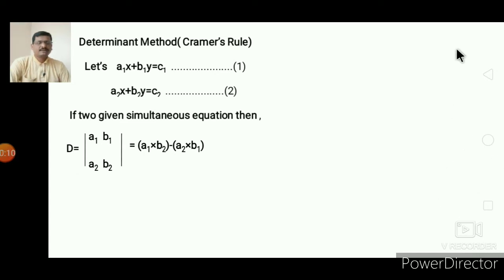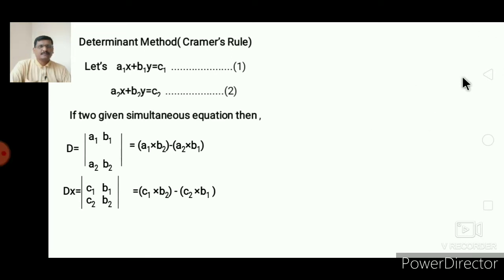Next, find the value of Dx. Dx contains the coefficient of the y variable and the constant terms, except the coefficient of the x variable. Therefore, the value of the given determinant is c1 into b2 minus c2 into b1.